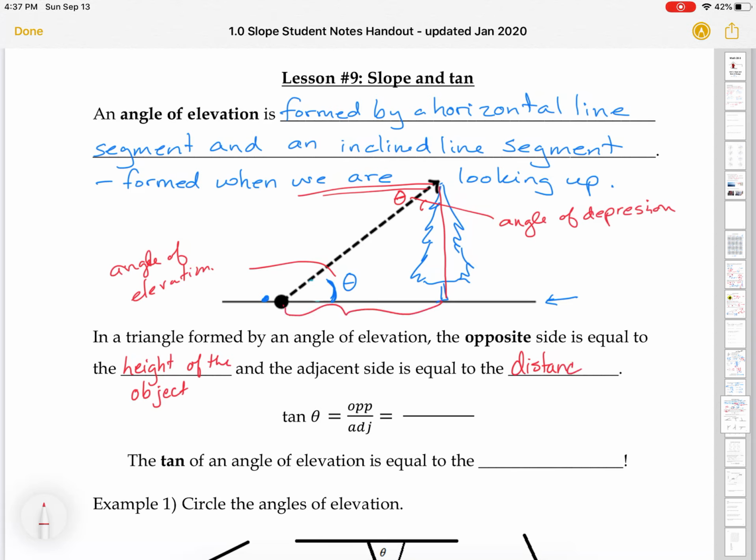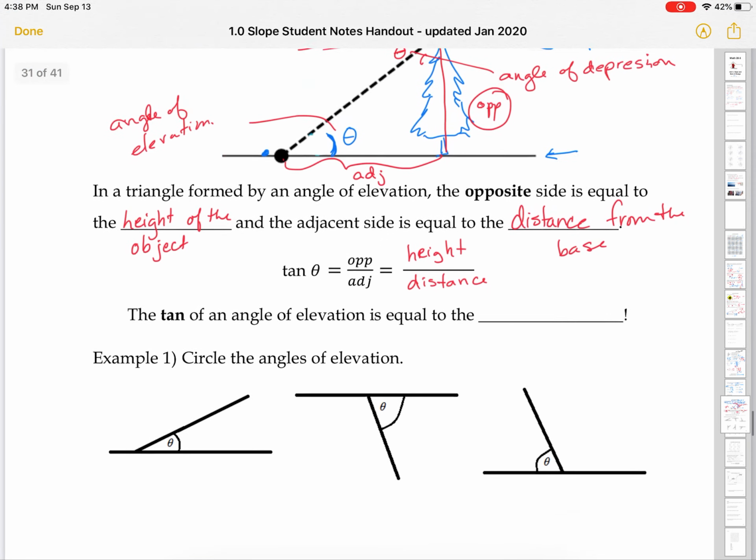So this would be our opposite side, and this would be our adjacent side, the distance from the base. Depending on how tall the tree is, we would have the height, and on the bottom we have the distance.